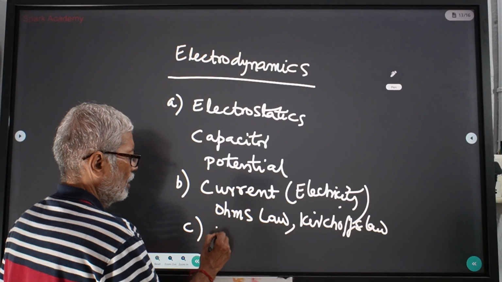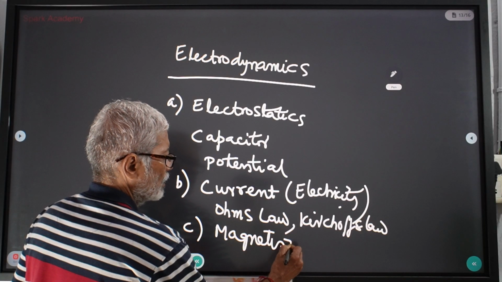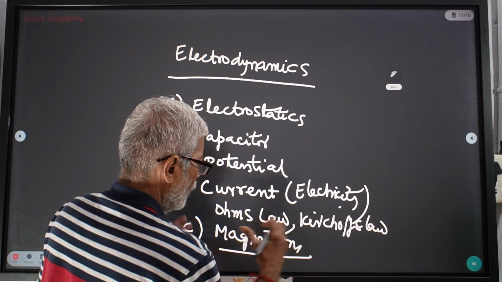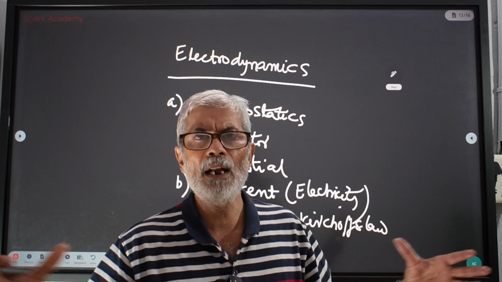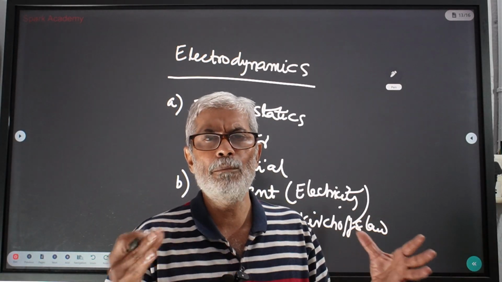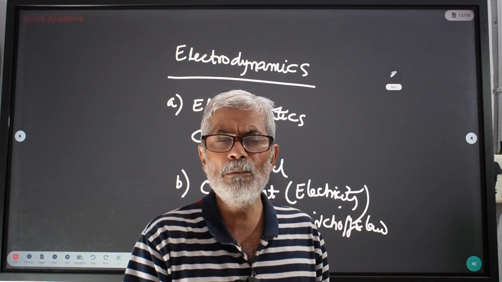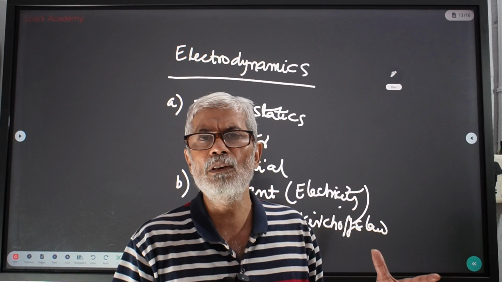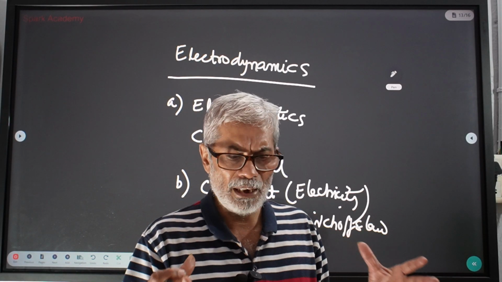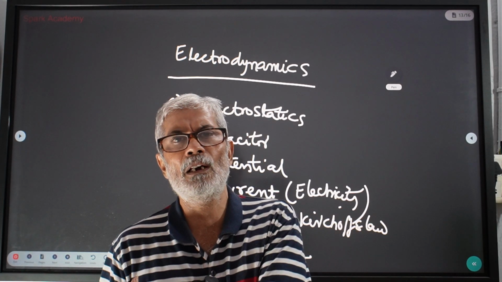Then you have got magnetism. Magnetism has a wide range. First you have to know different types of magnetic material: dia, para, ferro, ferrites, antiferro and all. What is the permeability, what is the susceptibility, all those things you have to know. And then by knowing those things, you have to distinguish hard magnetic material and soft magnetic material.